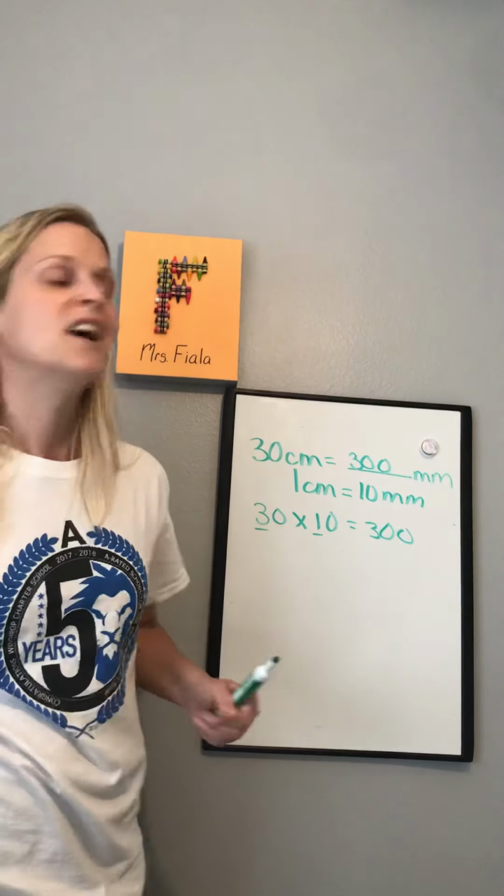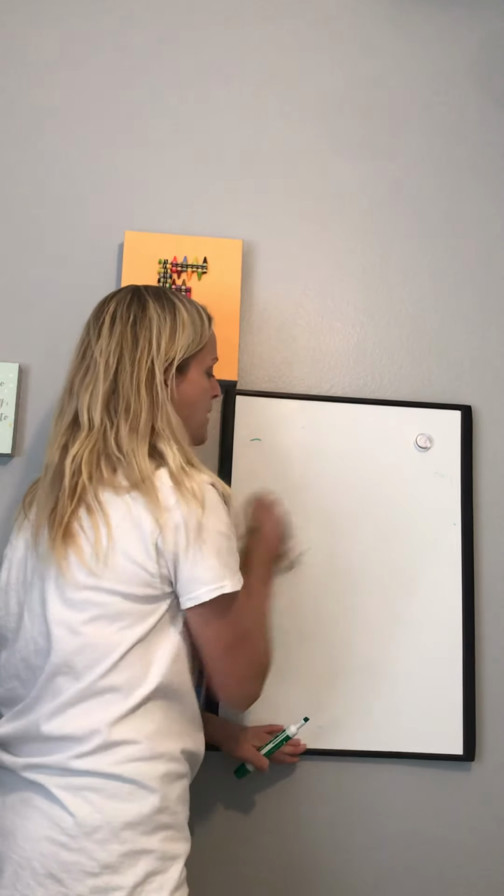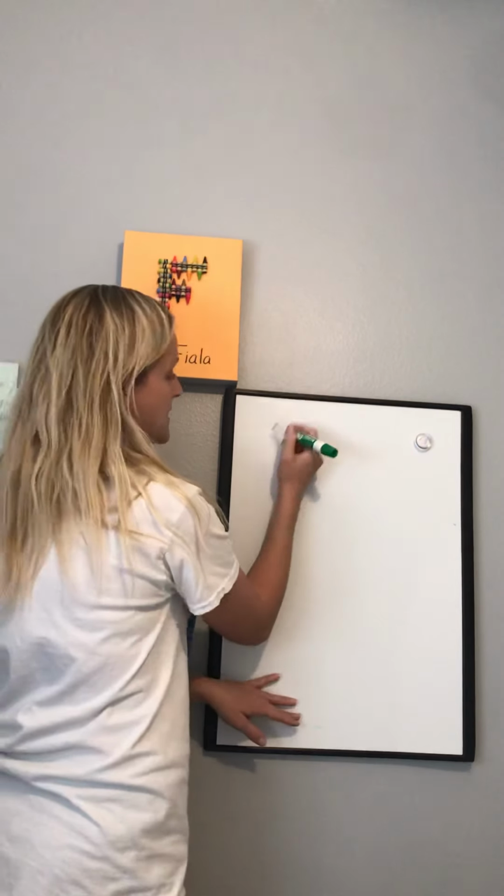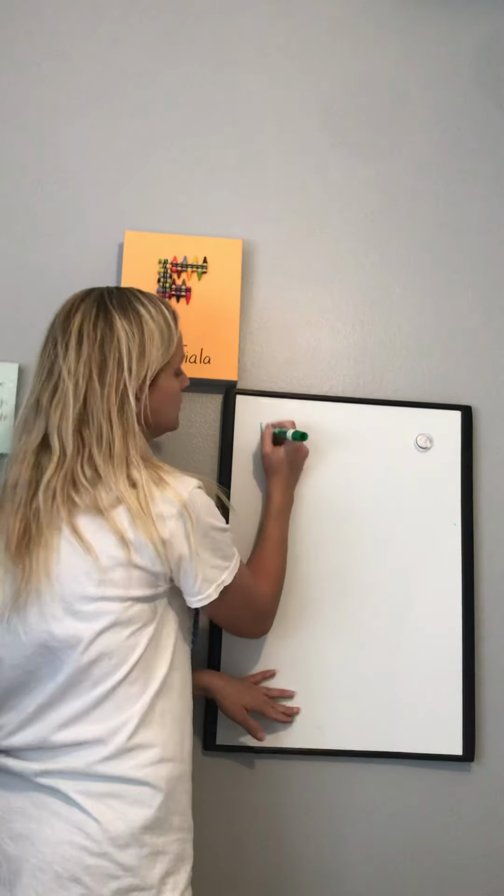Okay? All right, let's talk a little bit now about, we did our metric units of length. Let's do our metric units of capacity, of our volume, okay? So the information that is given to us is 1 liter.